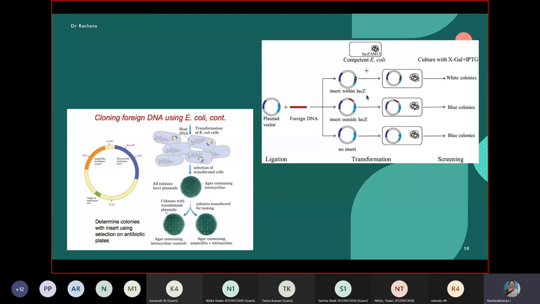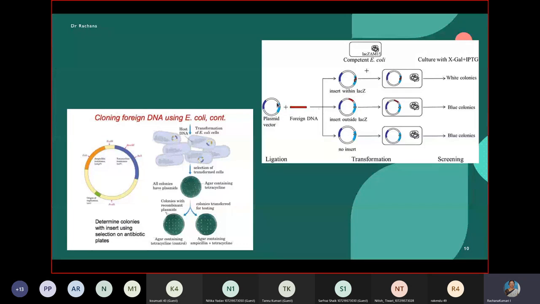which is functional. That means all the cells which have the presence of the functional lacZ gene show the capability of the enzyme beta galactosidase to metabolize, to utilize lactose or the sugars which are present in the medium that can be utilized by such bacterial cells. So hence these cells will be lacZ plus.